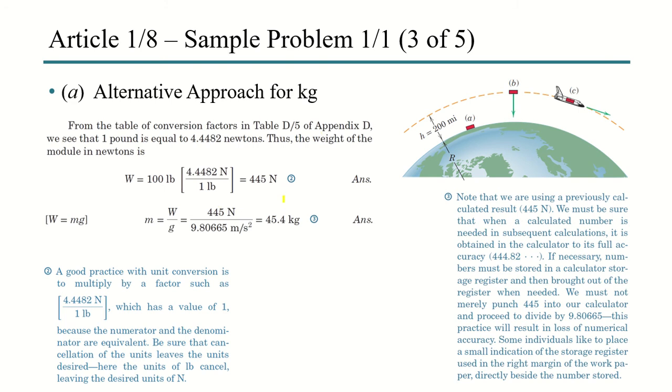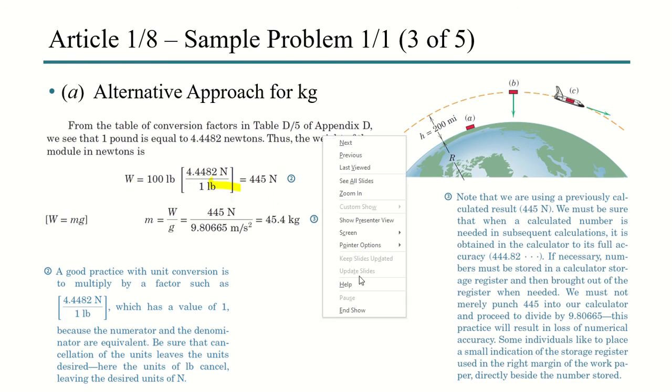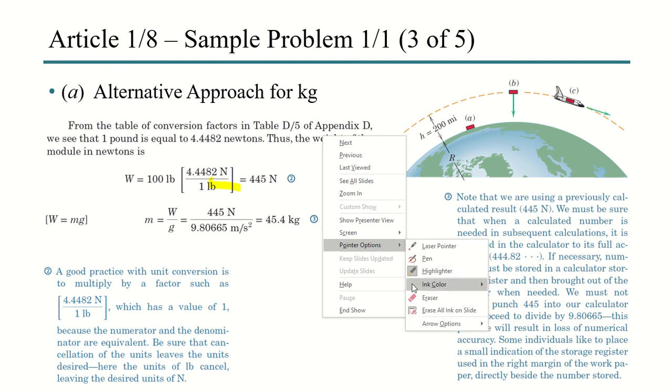Now to convert this into kilograms, we have to use the mass from this formula. So here we get the weight first using the conversion. So you solve for the weight, then after that use the formula.